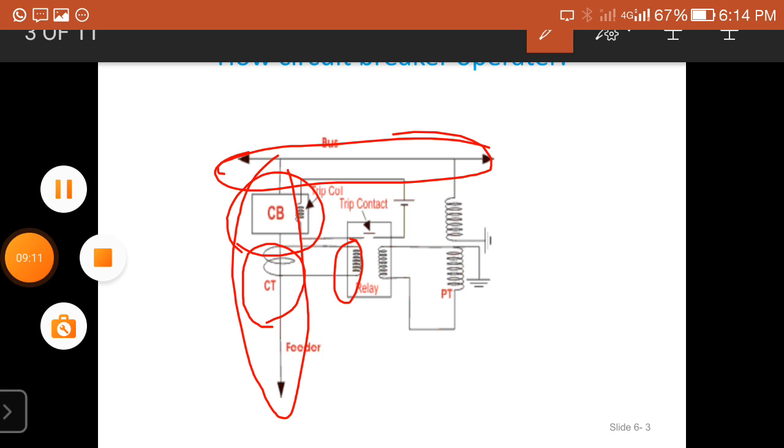Due to that heat energy, the contacts of the circuit breaker may be damaged. That's why first we will reduce the arc. By using the arc reduction process in that circuit breaker, we are using the arc splitters. By using the arc splitters, we control the arc.